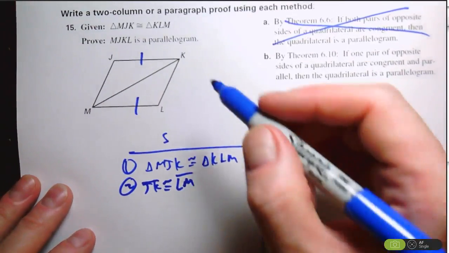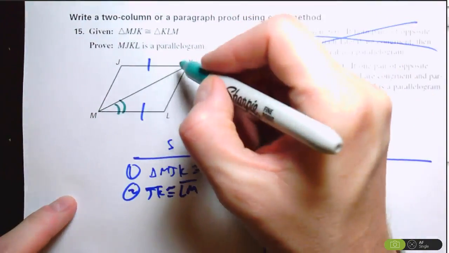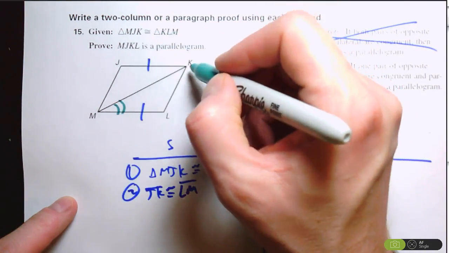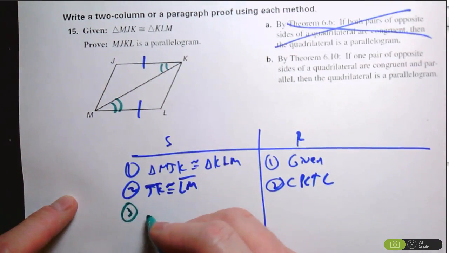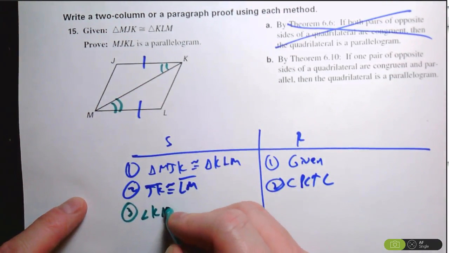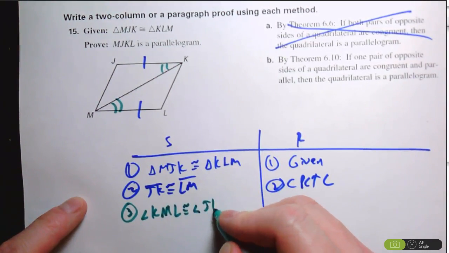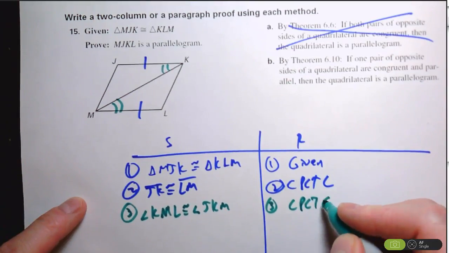The real trick is, how in the world would I prove that these two guys are parallel? And that's where it comes into play that, oh, wait a second. Angle KML corresponds to the angle JKM. So angle KML is congruent to angle JKM, also by CPCTC.